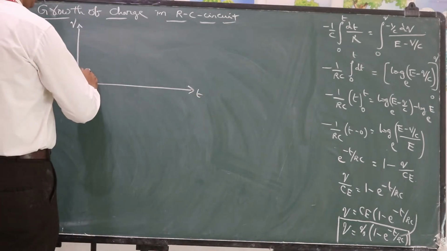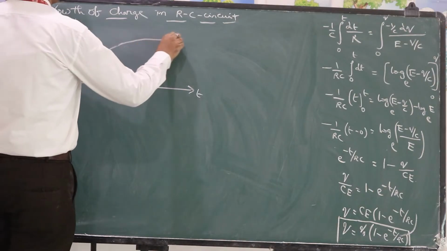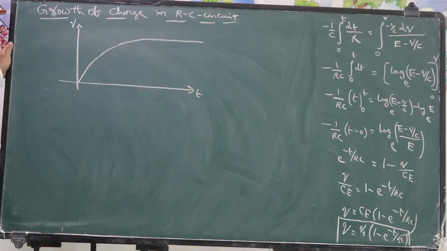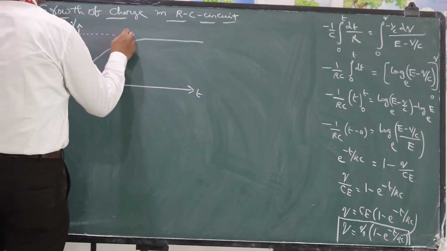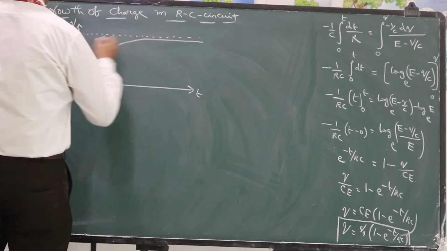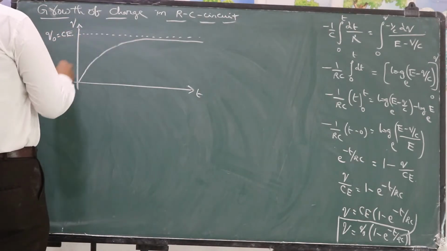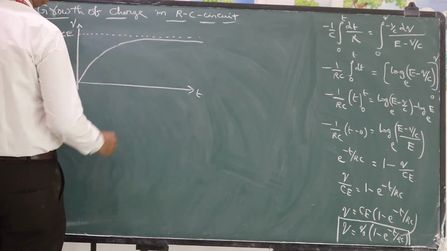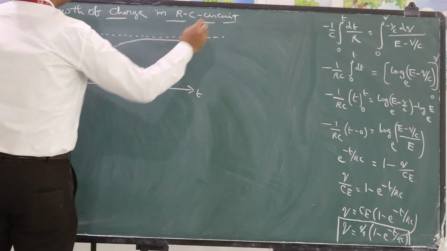As time increases, charge also increases and almost becomes a constant after a long time. After infinite time it gets the maximum value. What is the maximum value of charge? Q naught, that is equal to CE. In order to attain this Q naught is equal to CE, we have to wait for infinite time. That means this graph never touches this line but moves parallel to the line.